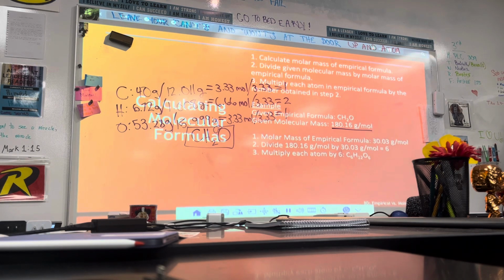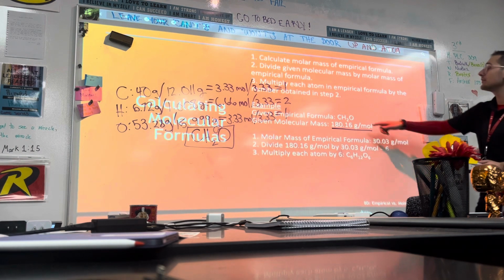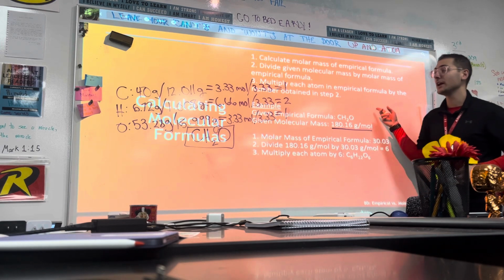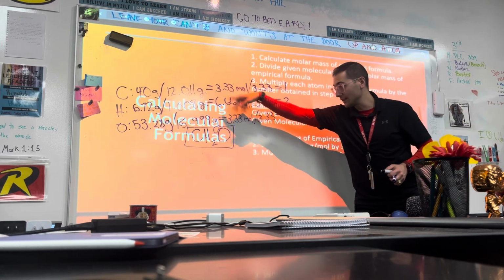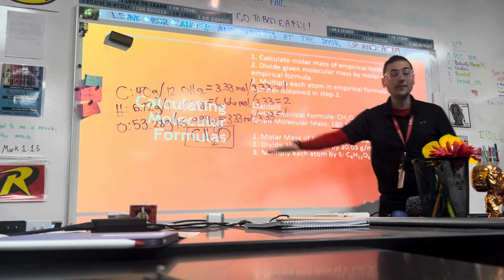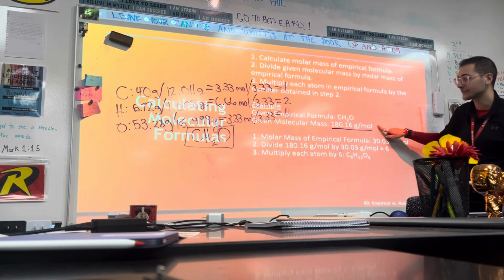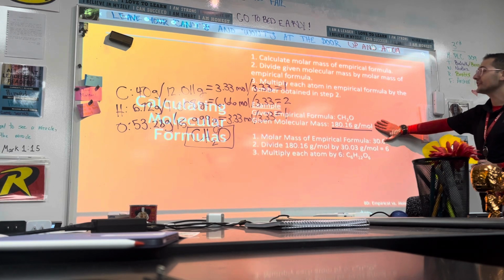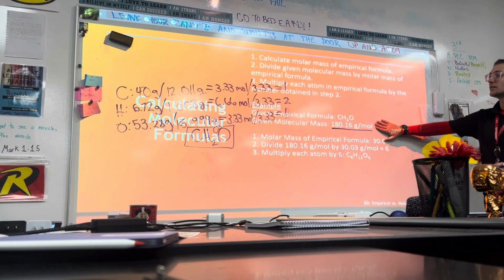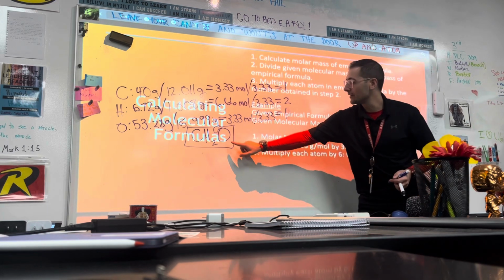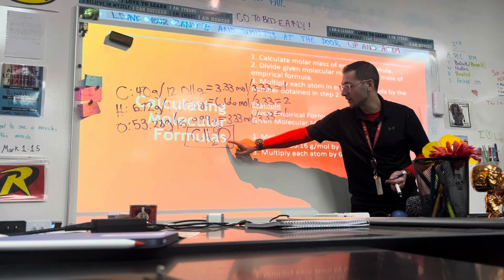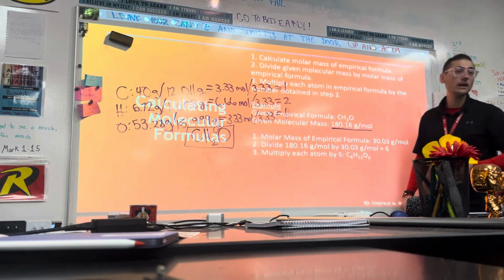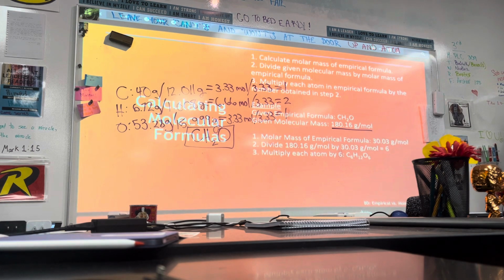They're going to give you a mass, and they will either give you an empirical formula, or they'll say, first calculate the empirical formula over here, then use that with this mass. Either way, these are your next steps. You take the mass they give you, and you divide it by the mass of your empirical formula, and then that will give you the power that you need to multiply your whole formula by.